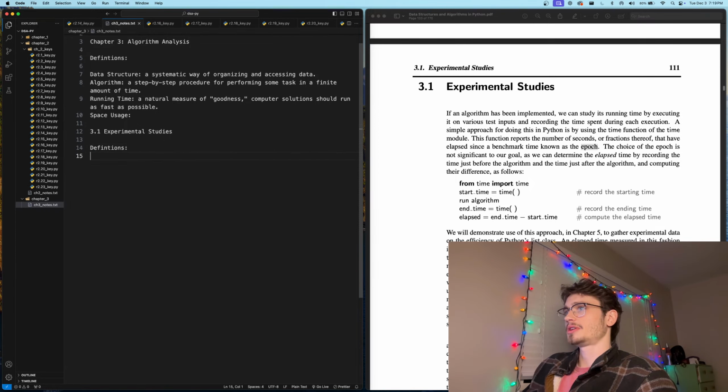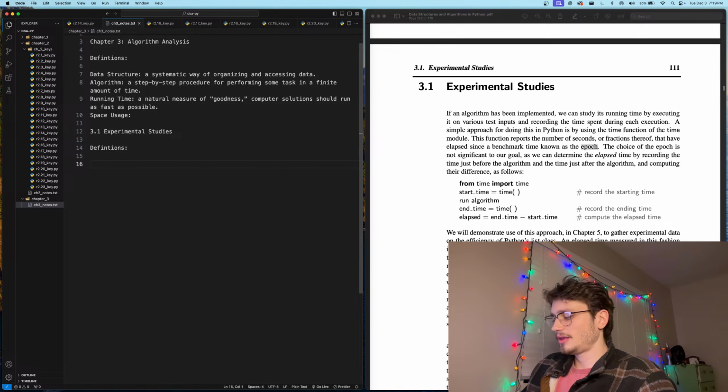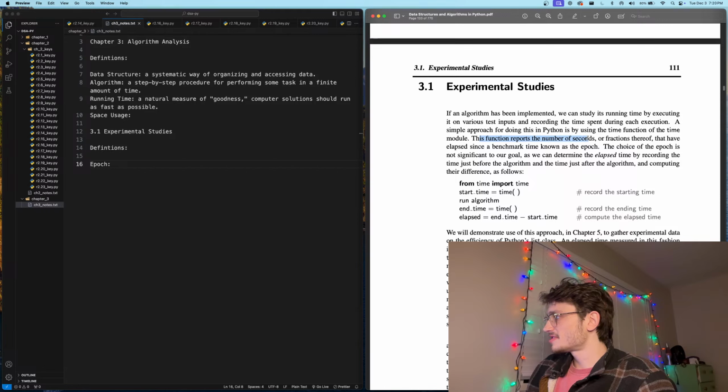So we have definitions here. The epoch: the function reports the number of seconds or fractions thereof that have elapsed since a benchmark time known as the epoch. Is the epoch the benchmark or the amount of time that is reported?